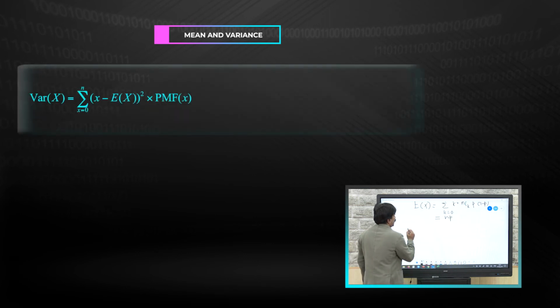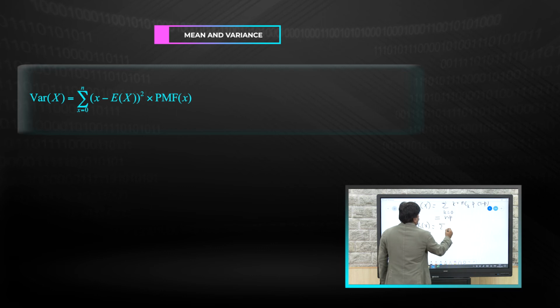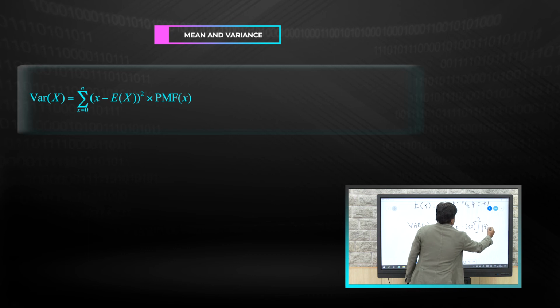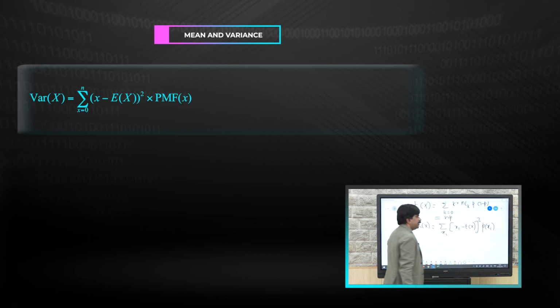In general, for a discrete random variable, the variance of x is the summation over all possible values of (xi minus expected value of x) whole squared, multiplied by the corresponding probability value. Now we can substitute the expected value in case of a binomial distribution, which is np.